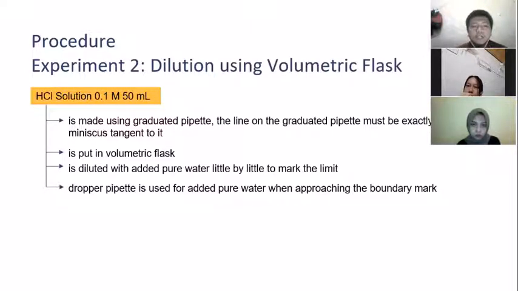Hydrogen chloride solution 0.1 molar, 50 milliliter, is made using a graduated pipette. The line on the graduated pipette must be exactly tangent to the meniscus. It is put in a volumetric flask and diluted by adding pure water little by little to the mark limit. A dropper pipette is used for adding pure water when approaching the boundary mark.